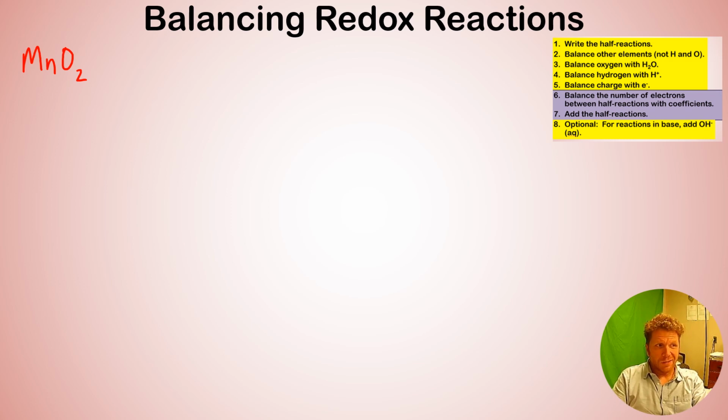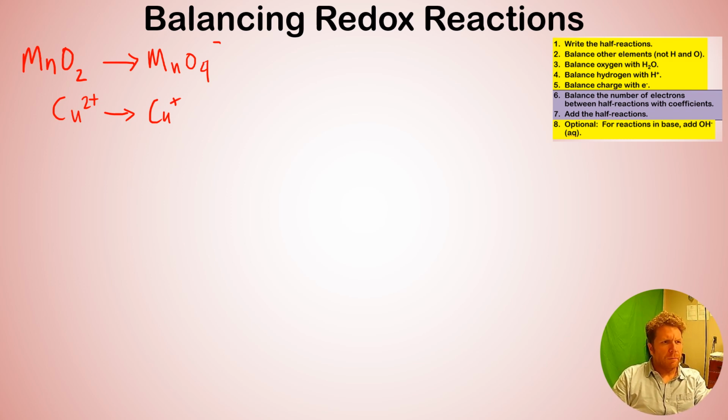So on the reactant side, I've got MnO2, and on my product side, I've got MnO4, and that has a -1 charge. And Cu2 plus is reduced to Cu plus. Complete and balance the equation for this reaction in an acidic solution.